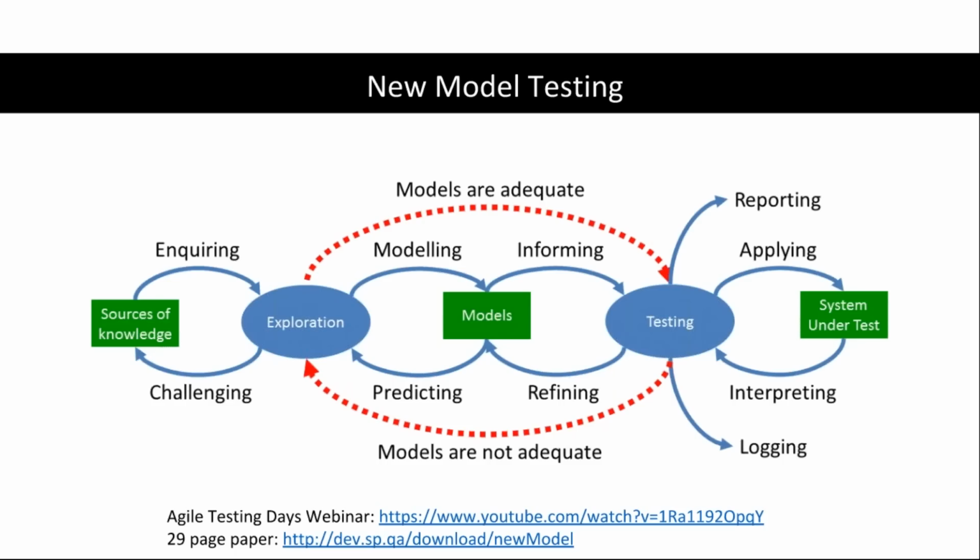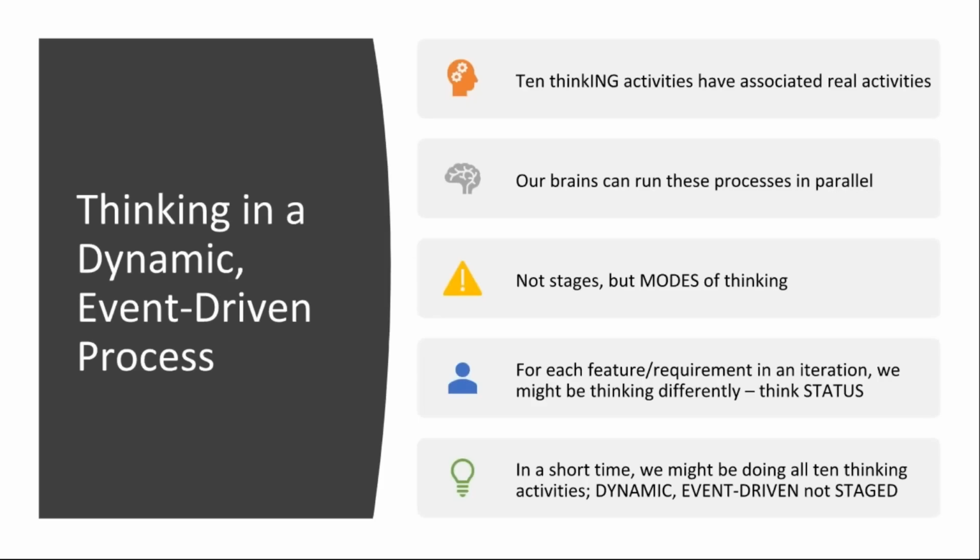But what I want to suggest is that this model reflects a set of real activities. So the way we think about a requirement when we are inquiring, let's say, reading a requirements document, that activity of gathering, that's the information gathering activity, asking questions, reading, sketching pictures on the whiteboard, sharing, all that kind of stuff.